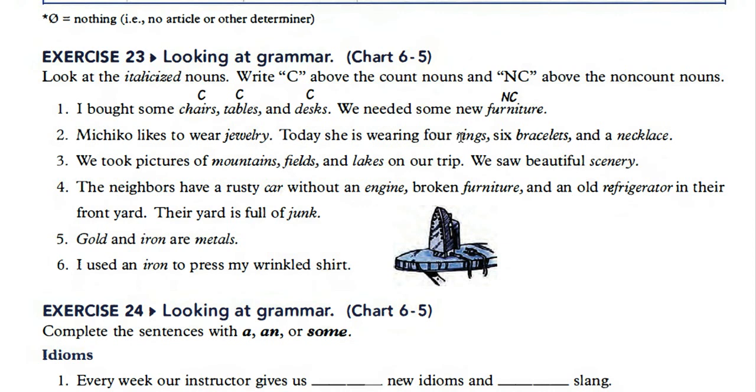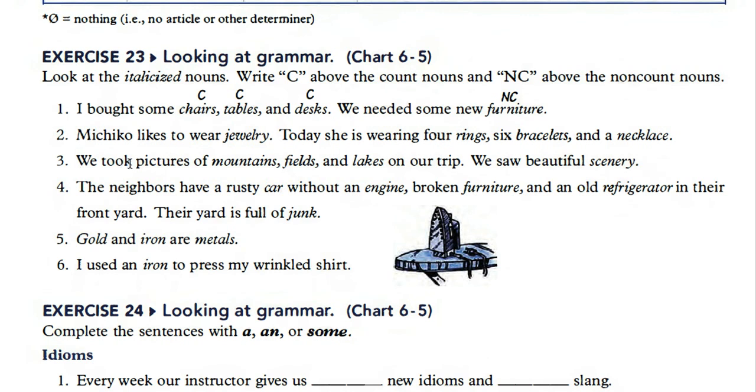Today she's wearing 4 rings, bracelets, and a necklace. Rings are countable, bracelets are countable, and necklace is countable because there is only one necklace on her neck, and 6 bracelets on her arm, and 4 rings on her fingers. That's a very clear example.